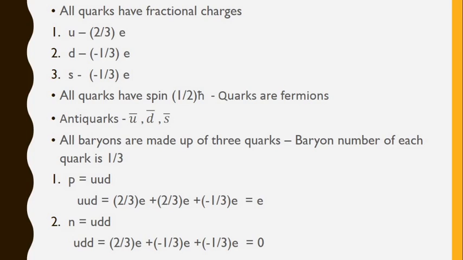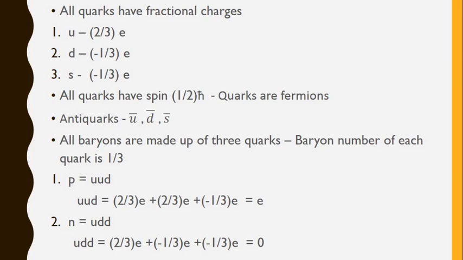Now we said that quarks are the basic building blocks of hadrons. That means hadrons are made up of quarks, and hadrons are both baryons and mesons. All baryons are made up of 3 quarks. So what will be the baryon number of each quark?